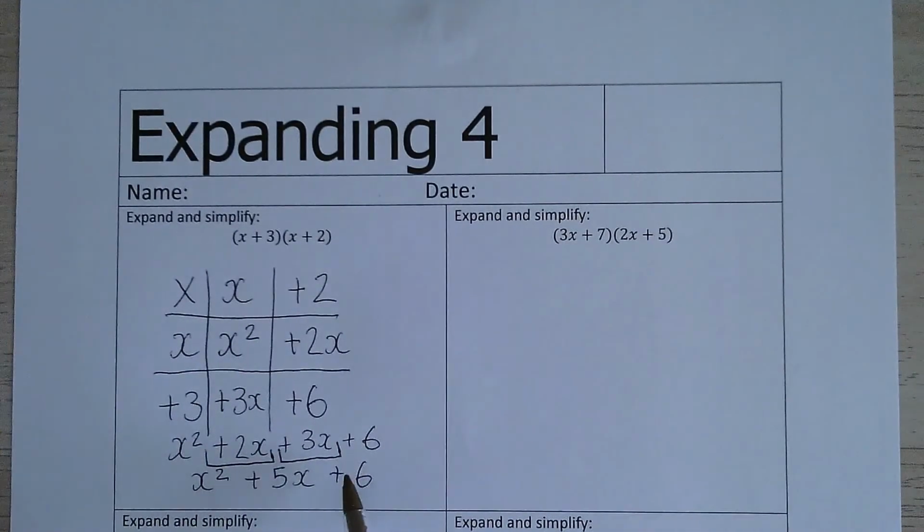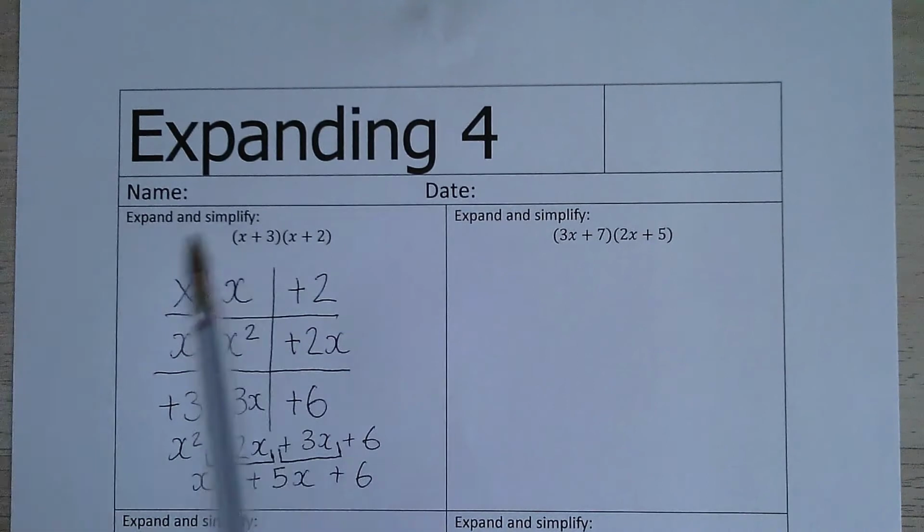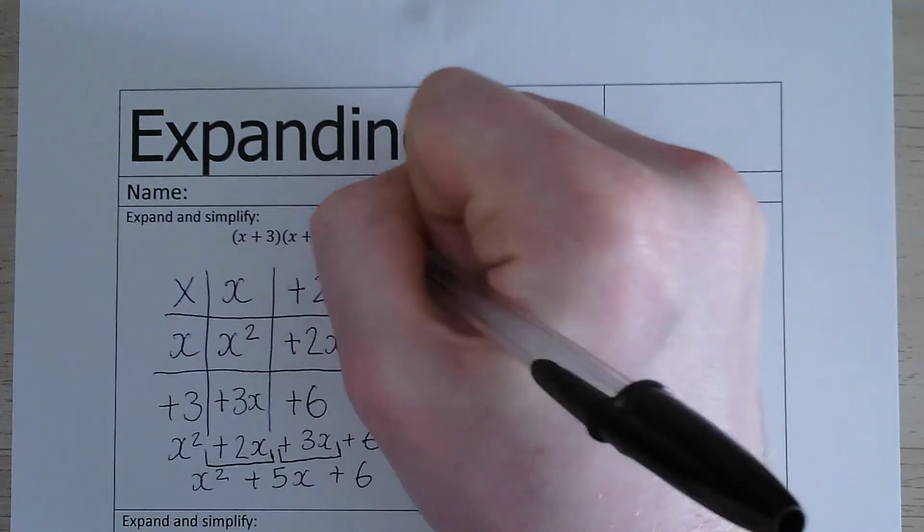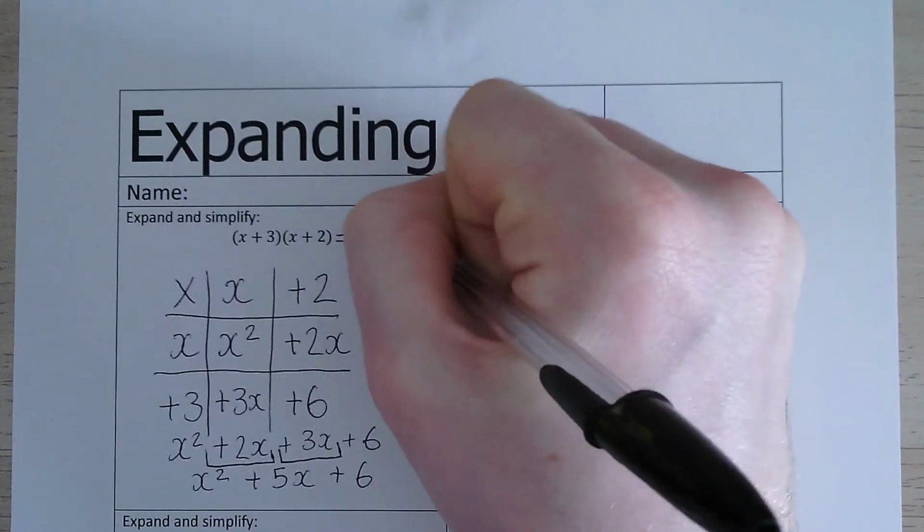None of these terms are like terms, therefore we cannot simplify it any further. So we've now done the simplifying part of the question. So the overall answer to x plus 3 times x plus 2 is x squared plus 5x plus 6.